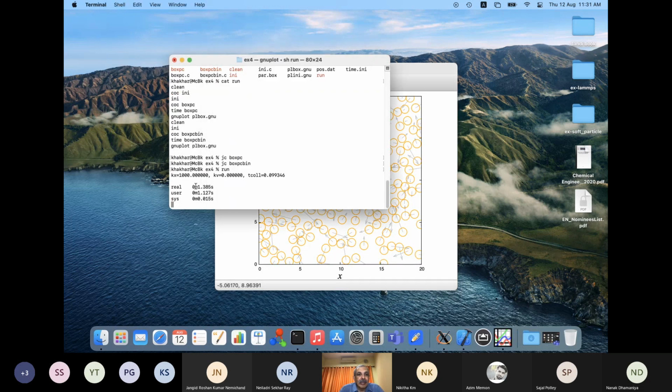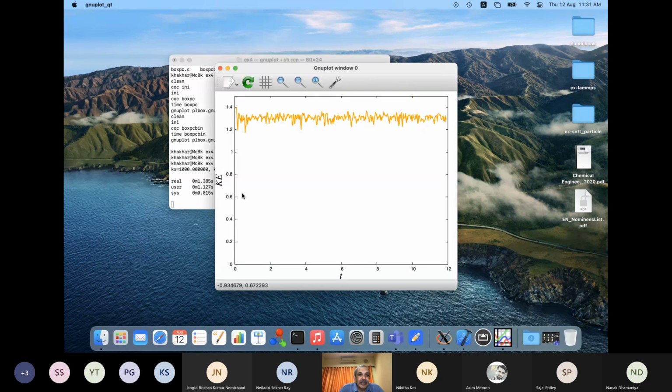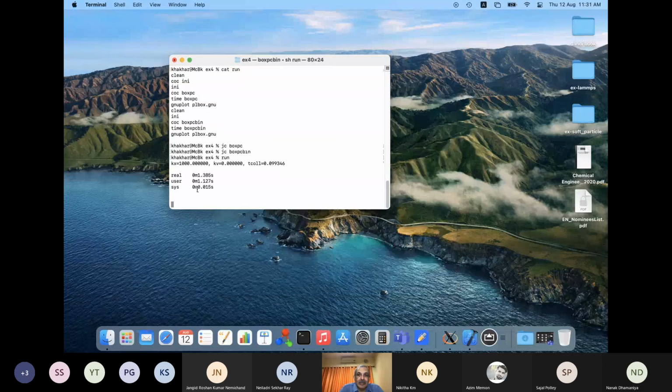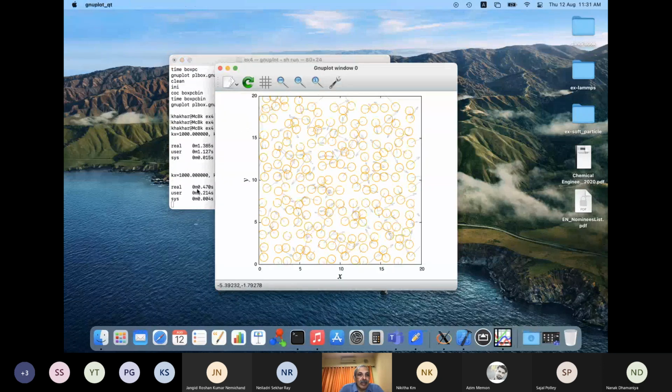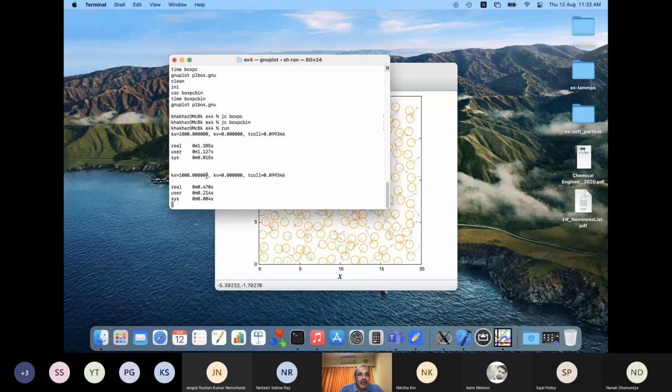here is the thing. It took about 1.385 seconds. And if you do the binning, this is 1.385 seconds, and with the binning, it is 0.47 seconds.